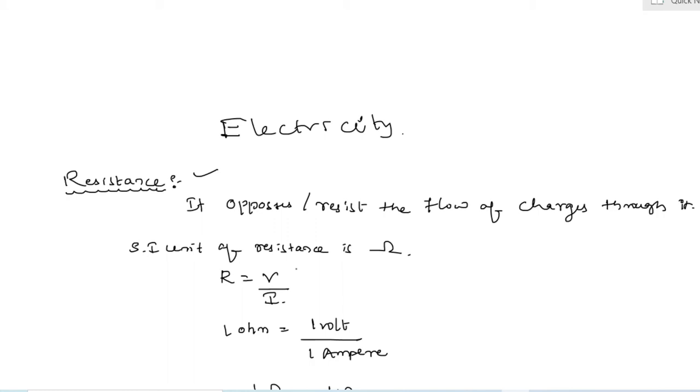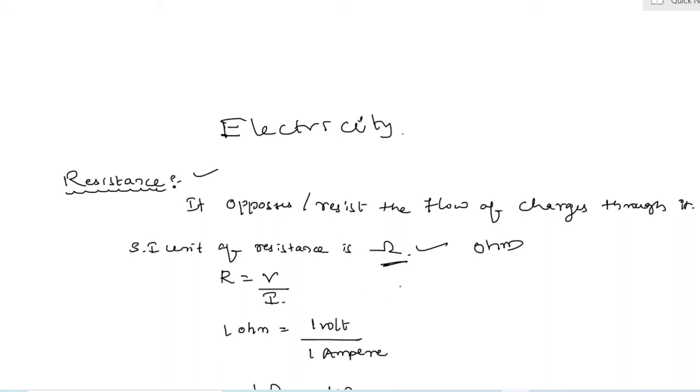The SI unit of resistance is ohm. The resistance of a conductor is given by V by I.